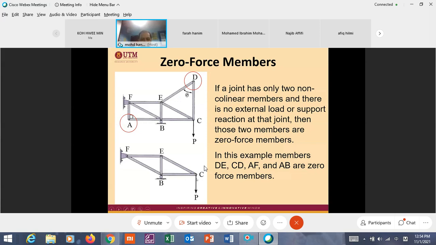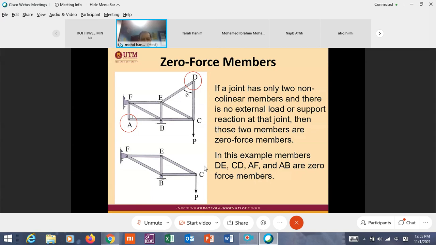Similar here. In this example, members DE, CD, AF, and AB are zero force. What about this one? This one, EC and BC, is not a zero force member because you have a force here. That's the difference.